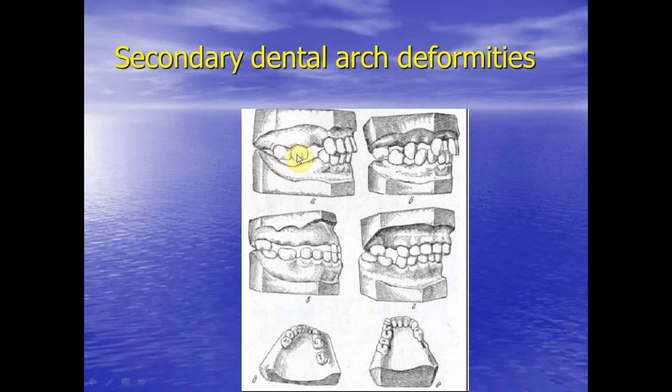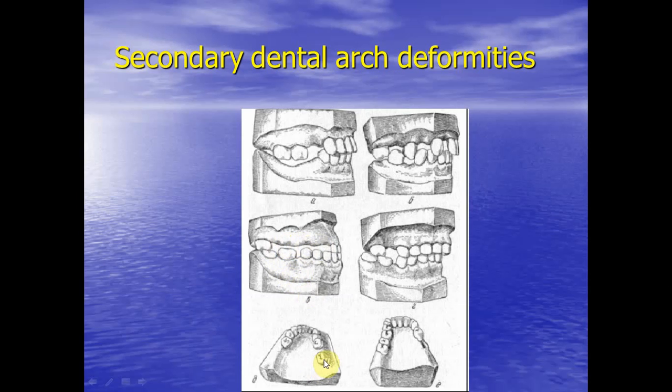So these are also slides which show you different examples of deformities of the dental arch, like the Popov-Godon phenomenon, which you see in this molar and this premolar, or also molars and premolars of the lower jaw coming closer towards the part where the teeth are missing in the upper jaw.